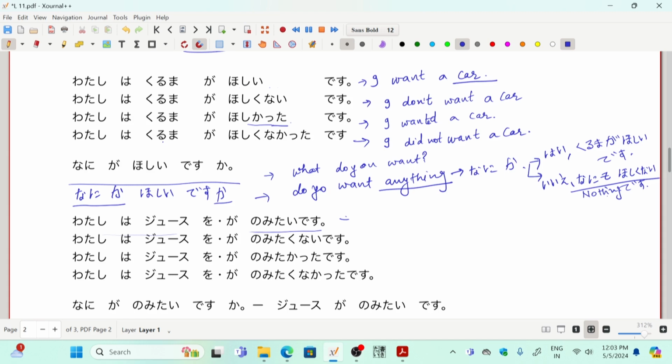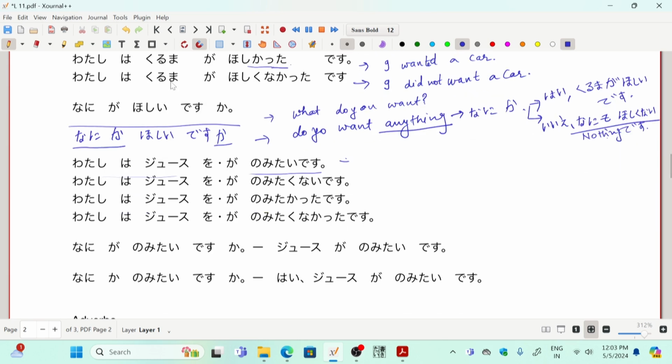Next is tai pattern. So tai is used with verbs. Verb, we take the masu form like nomimasu. Then we cut masu and add tai. It will become want to do that verb. So here it is nomitai, it will be want to drink.